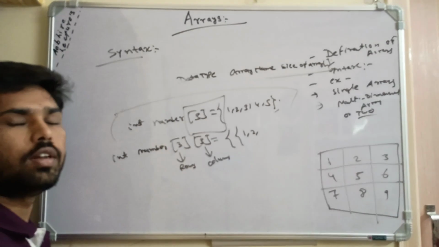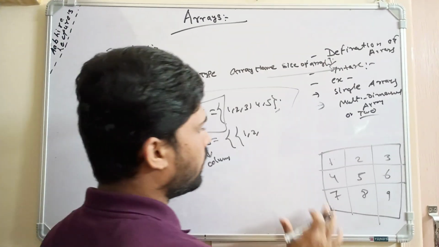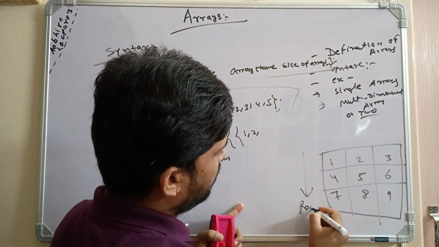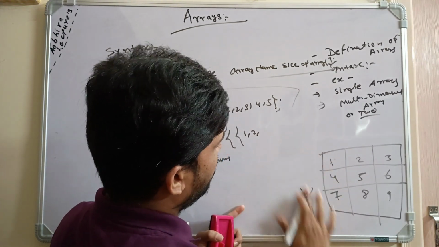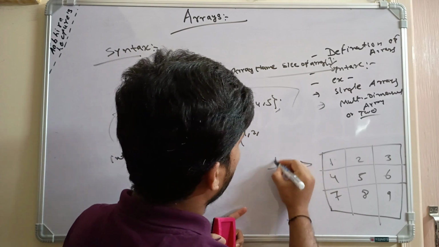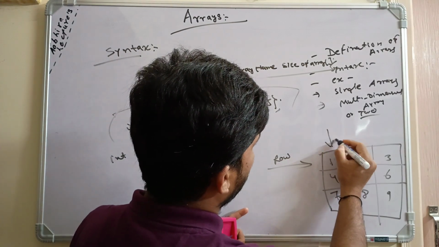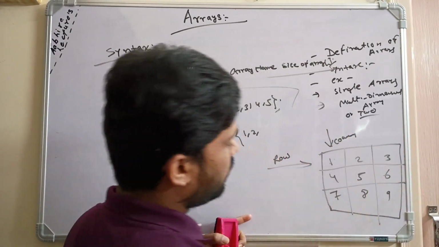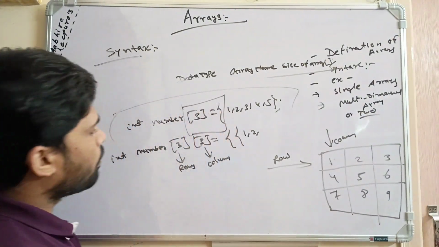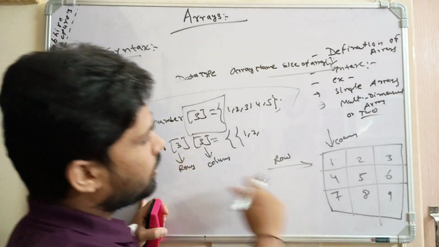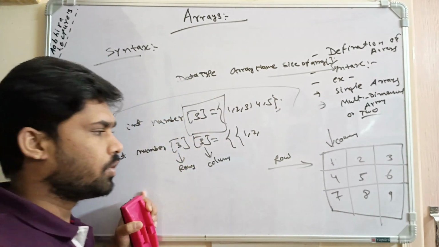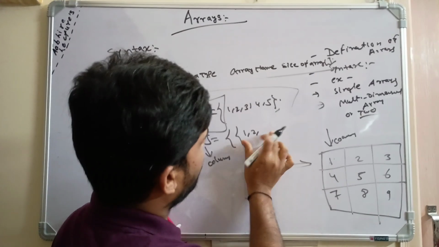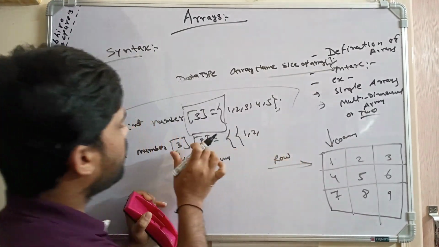If we draw the matrix, we can easily understand. This is the rows, this is the columns: one row, two row, three row, and these are the columns. So three rows and three columns are there. We have to create three rows and three columns.